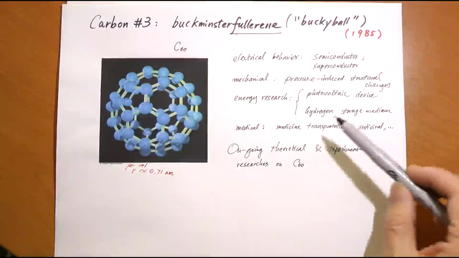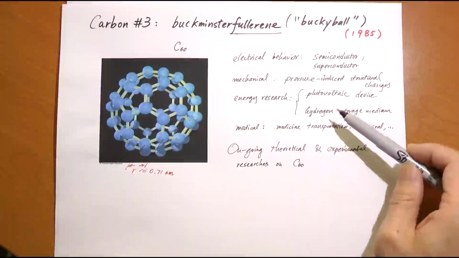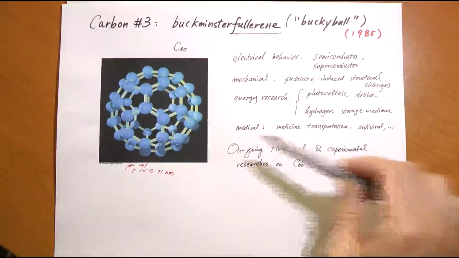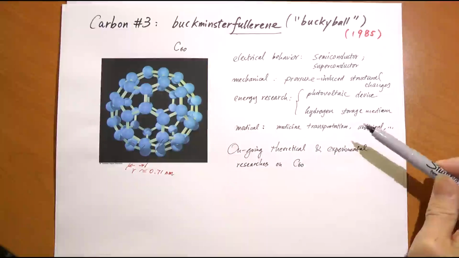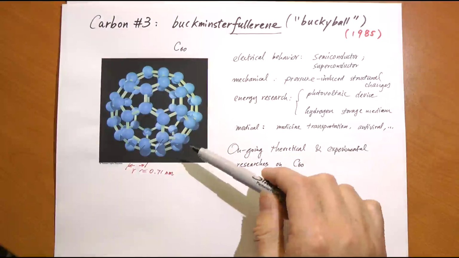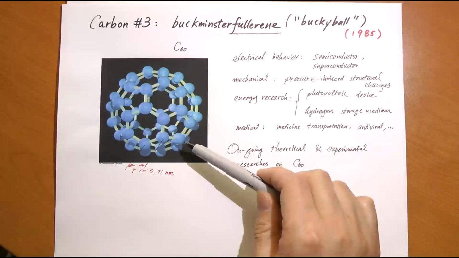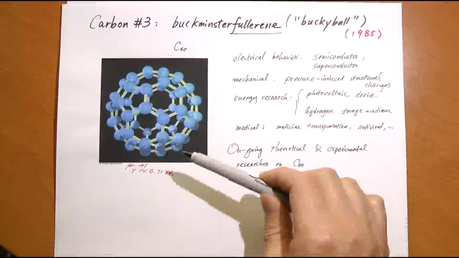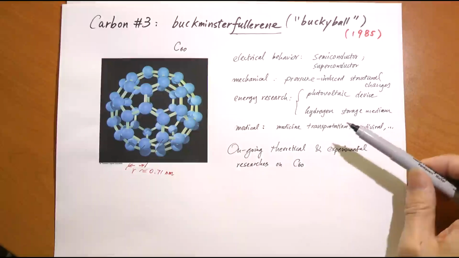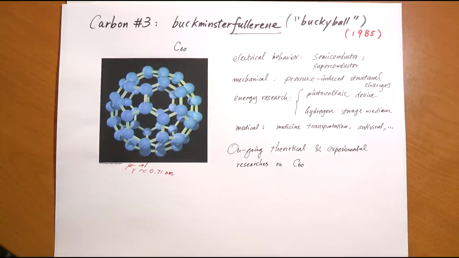And this guy also has interesting chemical properties in the sense that it can bond with hydrogen without altering the hydrogen structure. This means I can use buckyballs, Buckminster fullerenes, to bind with hydrogen in large quantity. Why is that so useful? Because the hydrogen fuel cell requires a medium which can store a lot of hydrogen without using too much of a size.